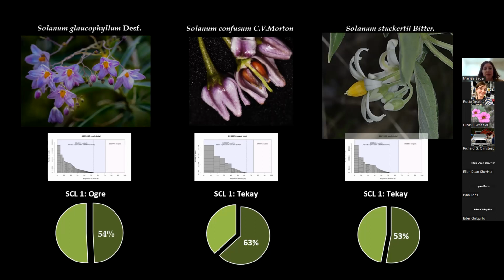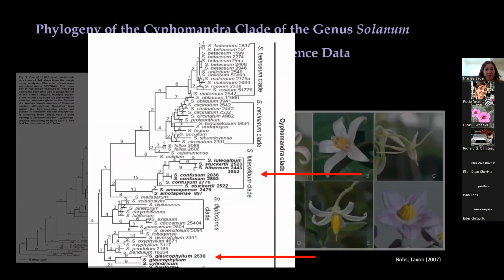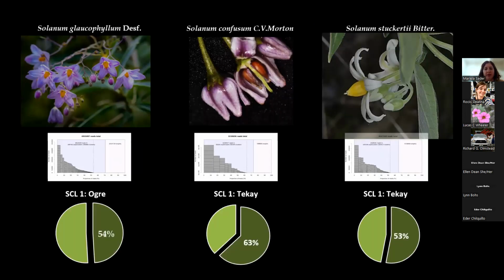In these two species that are more related, confusum and stuckertii, both of them have the same most abundant cluster, a Tekay element, but in Solanum glaucophyllum we observe that the most abundant retroelement cluster is an Ogre, which is different.